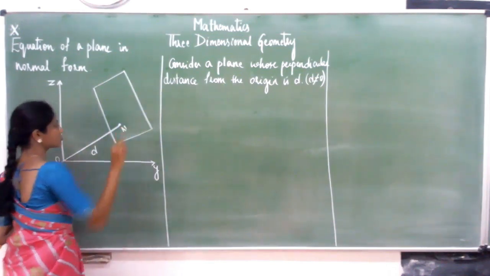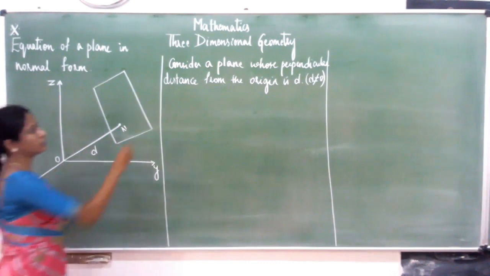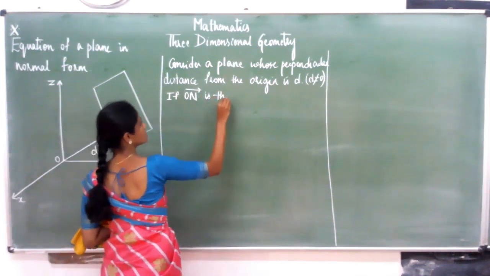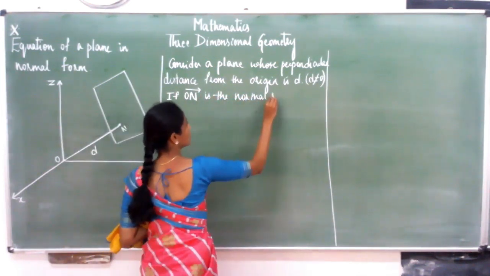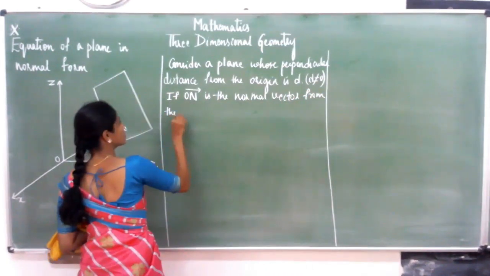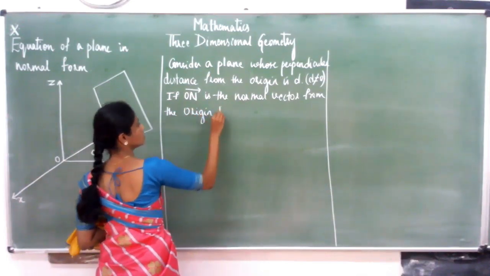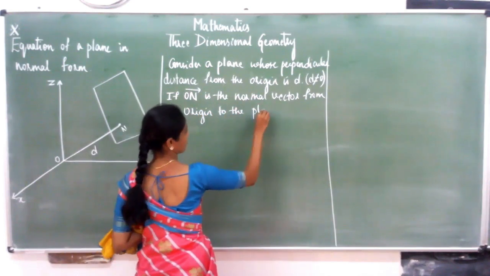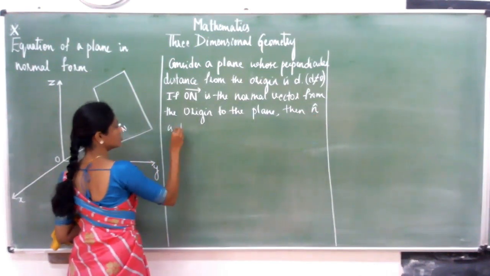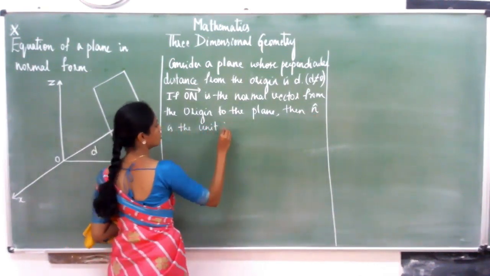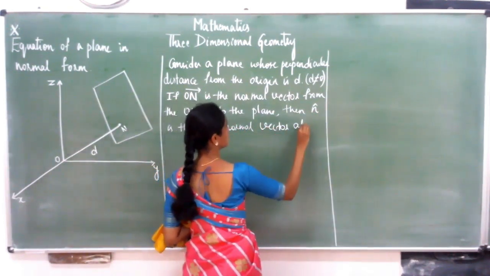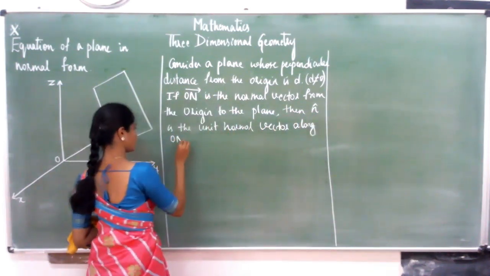Next, if ON is the normal vector from the origin to the plane, then n cap is the unit normal vector along the vector ON.